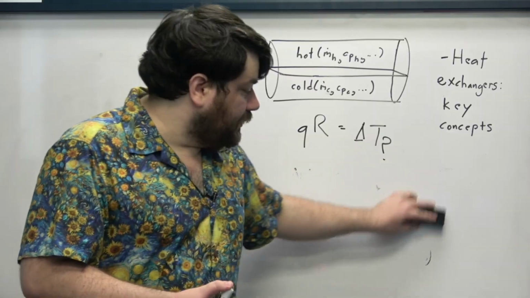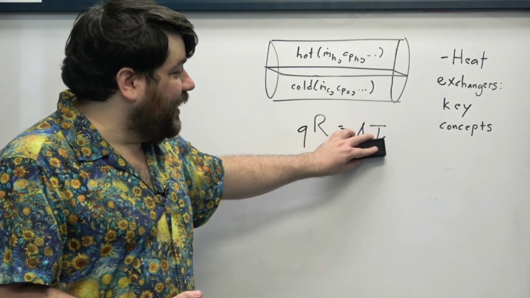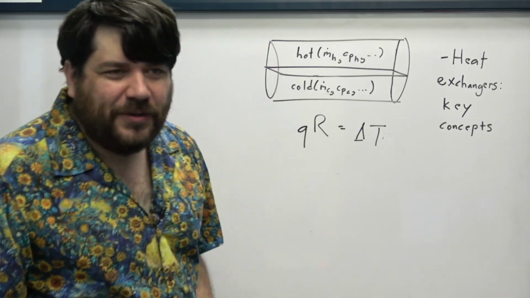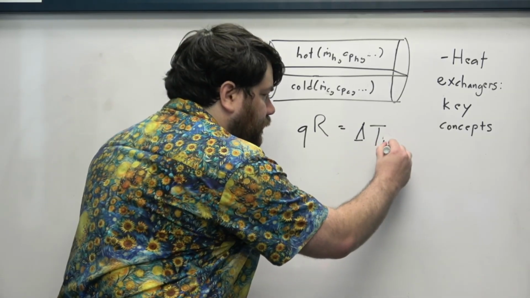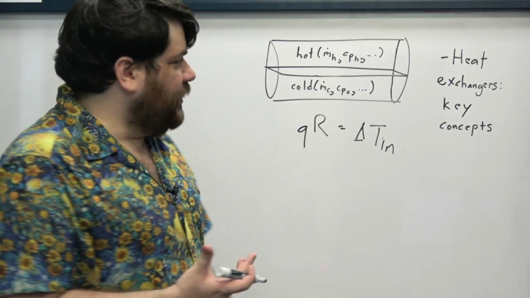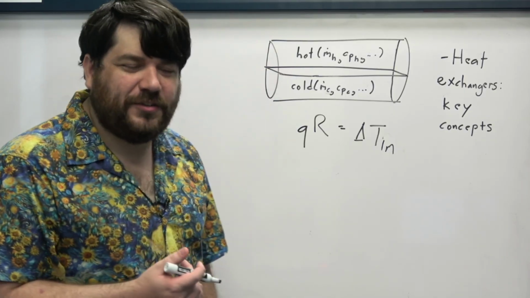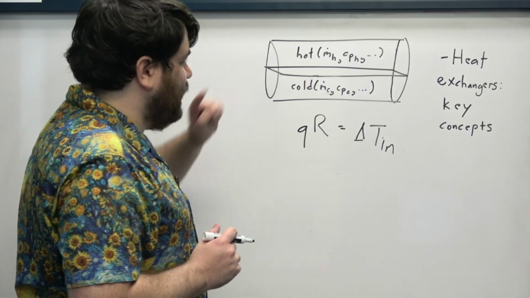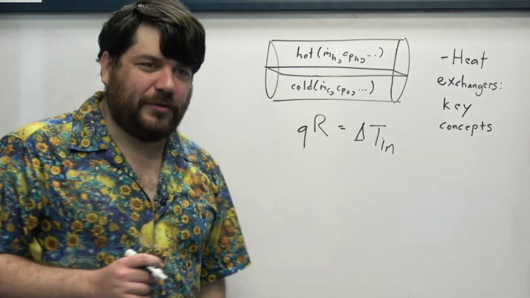Okay? Which will be defined in basically the same way, except that now we can't really use a differentiation between inlet and outlet, because this side of the heat exchanger is no longer necessarily just an inlet. This could be the inlet for the hot liquid, but the outlet for the cold liquid too.